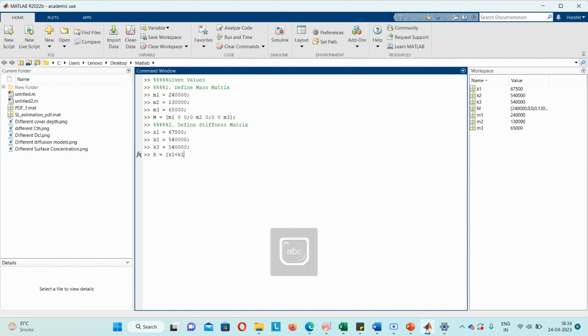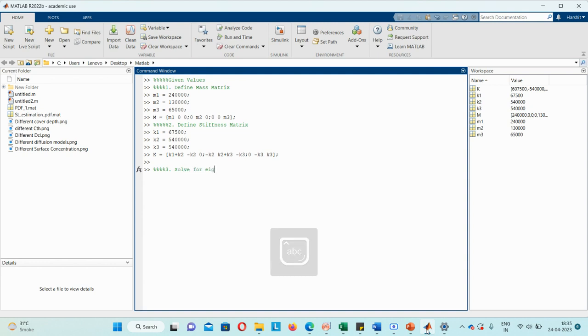So K1 plus K2, minus K2, 0; minus K2, K2 plus K3, minus K3; 0, minus K3, K3. Now we have defined both mass and the stiffness matrix. So the third step will be to solve for eigenvalues and eigenvectors.